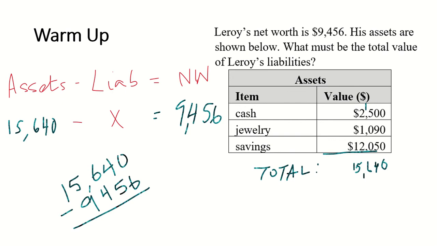That is going to be, let's see if we regroup, okay, liabilities must be $6,184, and that is our answer. This was working backwards to figure that out.